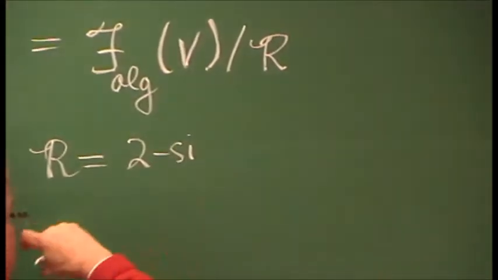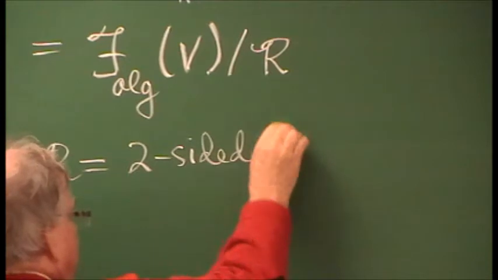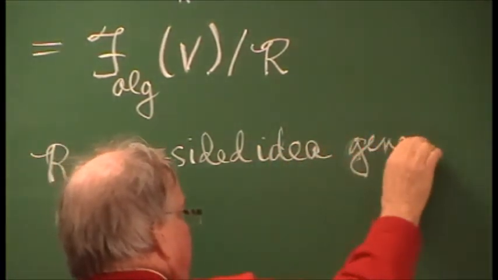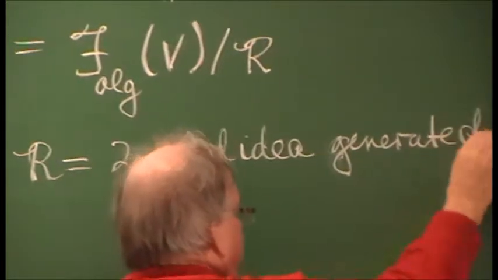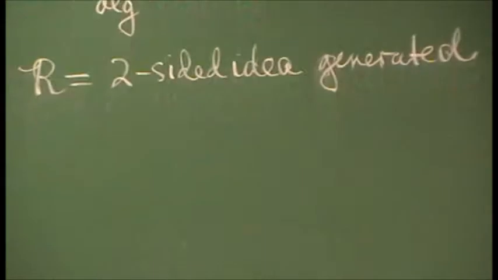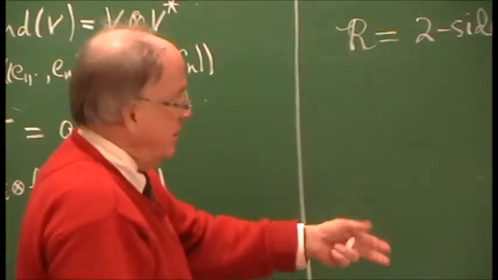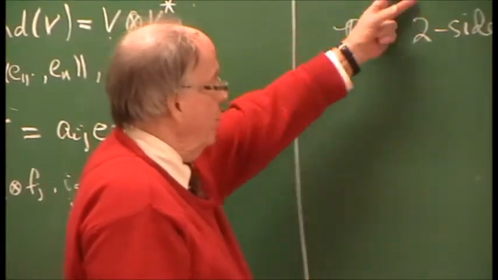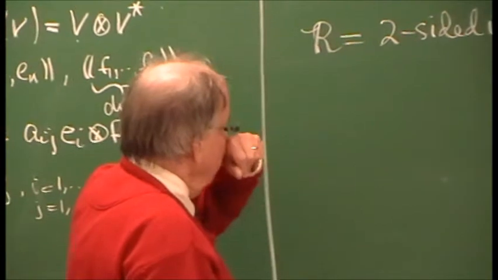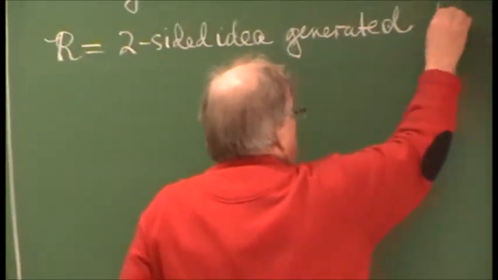Professor Schub underlined that last time. This is the two-sided ideal generated by the obvious relations that you would use if you just write down symbols. As I say, physicists do, and they know what they're doing. They're just writing down the symbols. They don't even think about this stuff, and they don't need to because they understand, but we want to look at it as a formal object. So generated by bilinear relations.